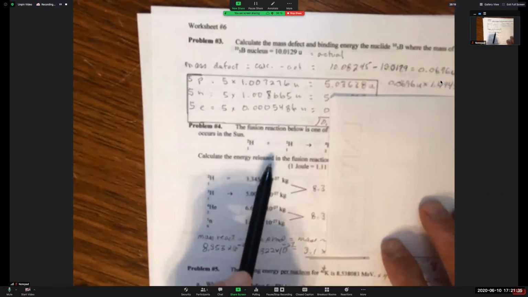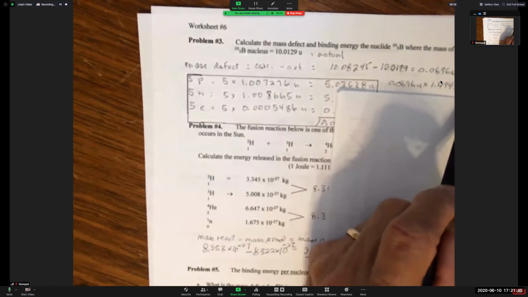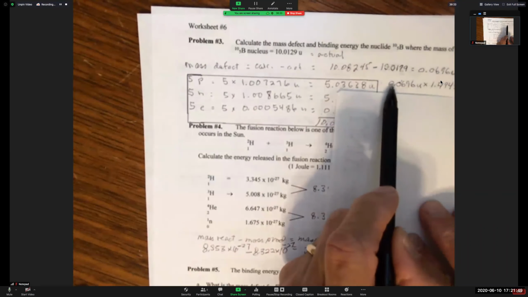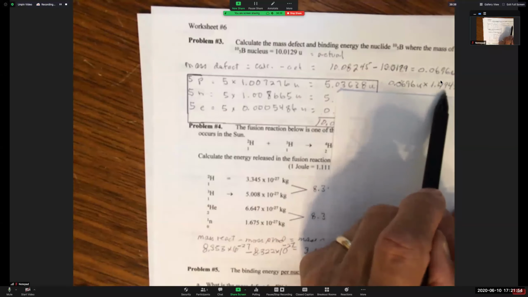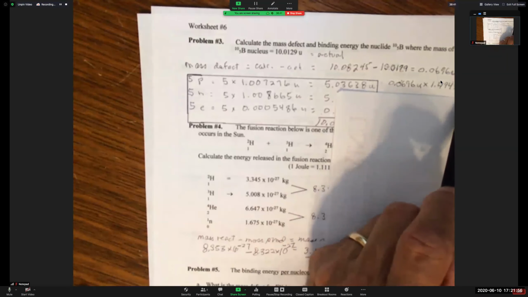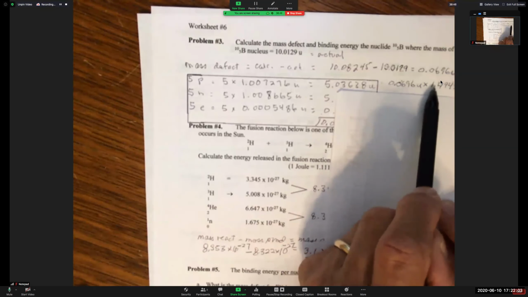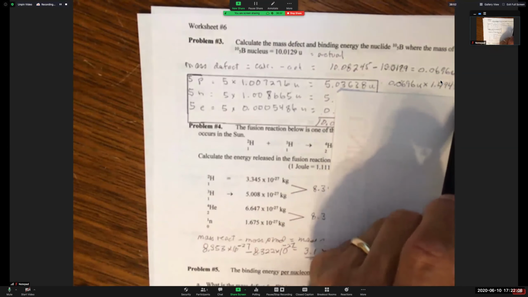So to figure out what the binding energy is, and it doesn't say what units, so I just chose to do joules. We could have done this in million electron volts, but I took this mass defect of 0.0696 AMUs, multiplied it times our energy conversion factor from mass to joules, 1.494 times 10 to the minus 10 joules per AMU.